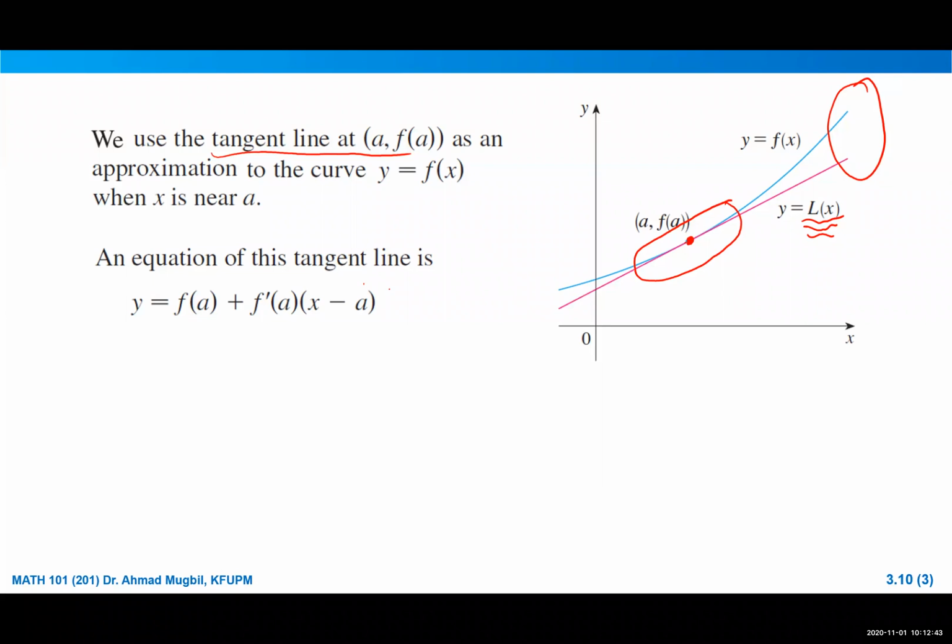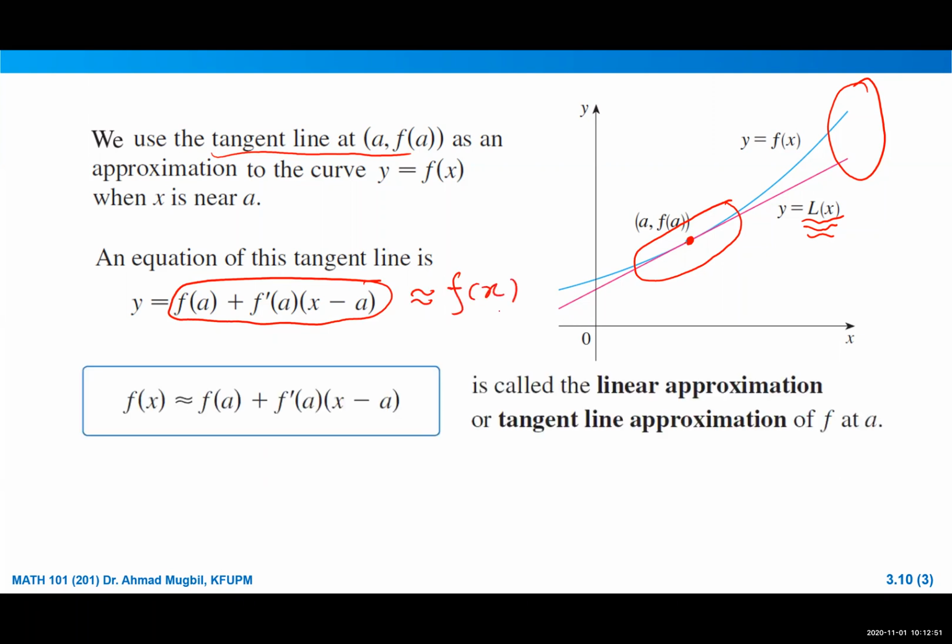Now we can use this as an approximation for the function. So f of x is approximately equal to this. This is a linear function, but f is not necessarily linear. It could be any function, we just need it to be differentiable.